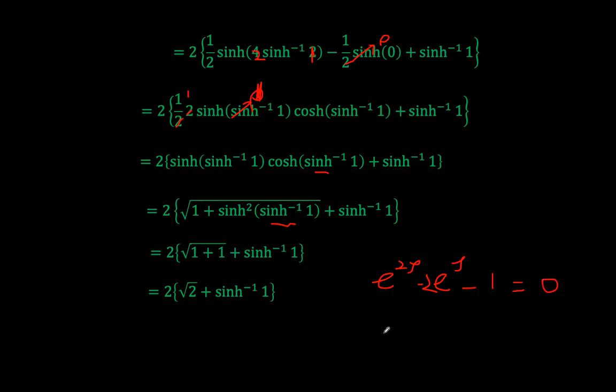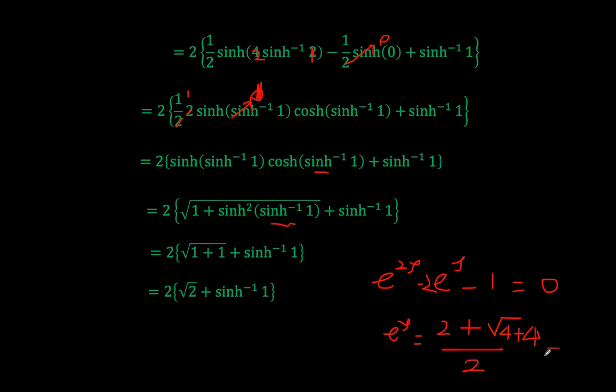And so using the quadratic formula, e to the power y is equal to negative b, which is 2, plus or minus the square root of b squared, which is 4, minus 4 times 1 times negative 1, which is another 4, divided by 2.